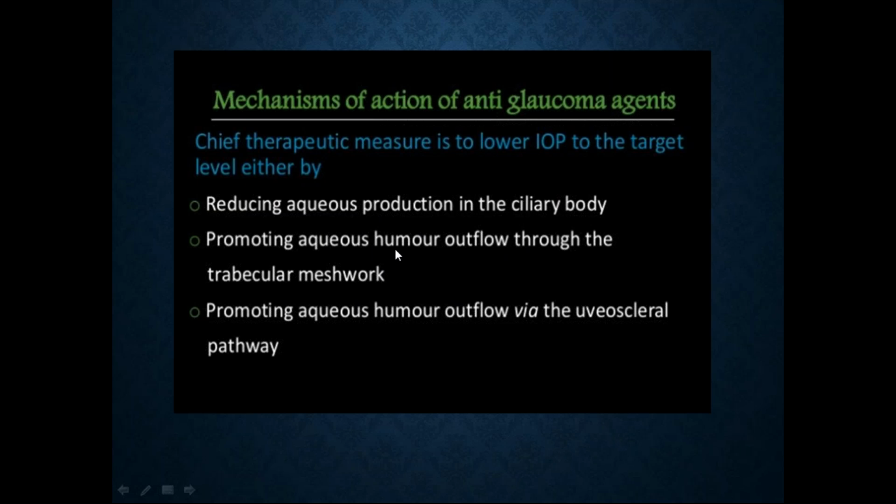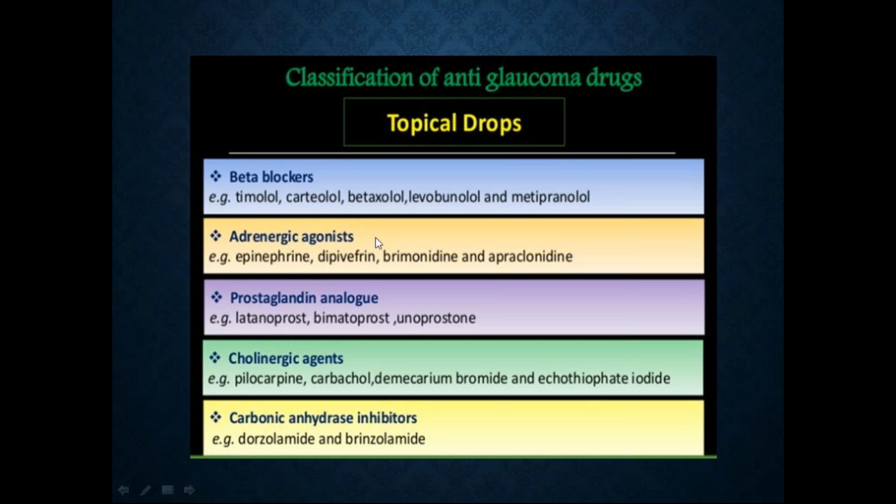The second drainage pathway is the uveoscleral pathway, and drugs can also increase outflow through it. So there are two ways: either reduce the production or increase the drainage of the aqueous humor. These are the two ways the anti-glaucoma drugs act.